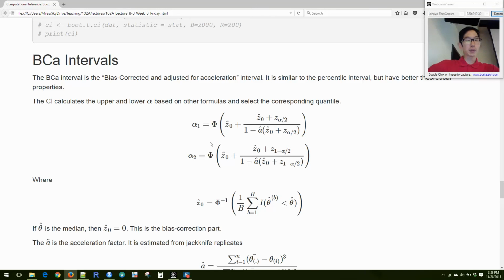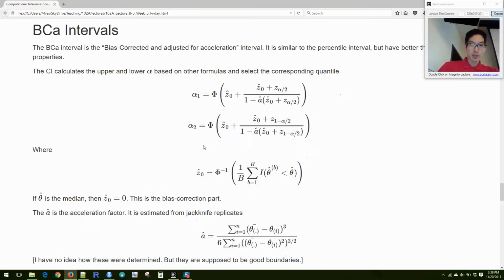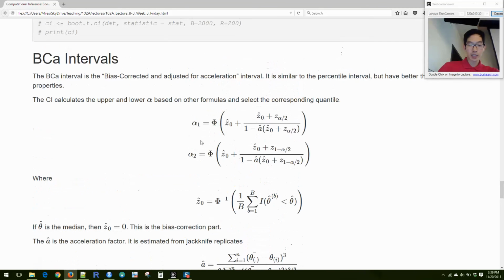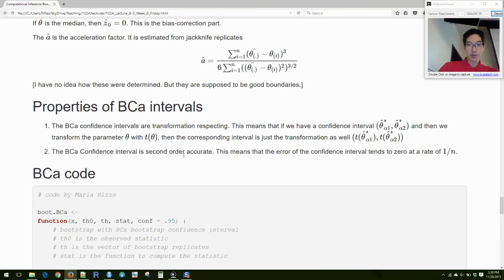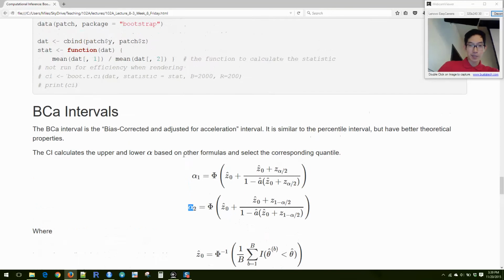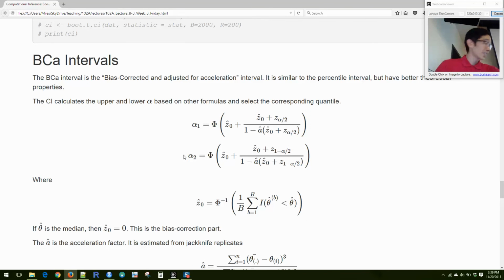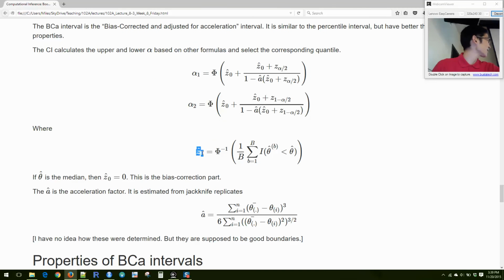So we're picking percentiles, but the way we pick our quantiles is we're using alpha 1 and alpha 2. And we're using these crazy formulas to pick out our alpha 1 and our alpha 2. I'll tell you what these are, but I couldn't tell you how we got these.